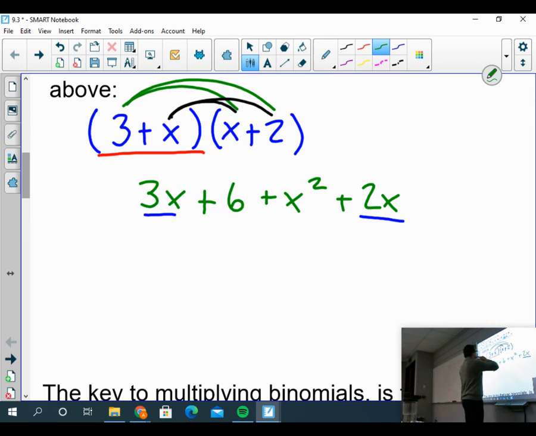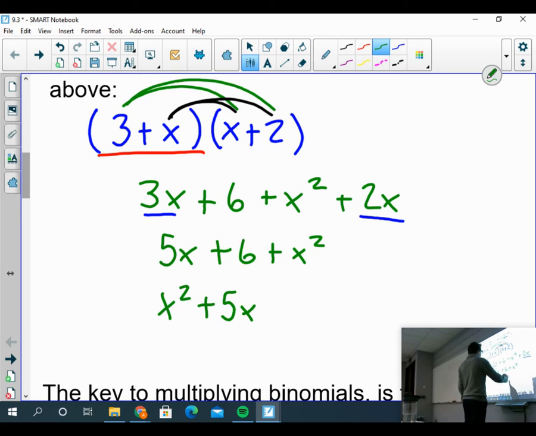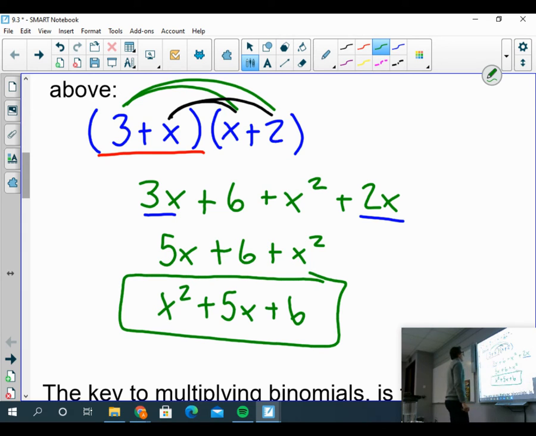I see the 2x and the 3x, both are positive, so I can rewrite this as 5x plus 6 plus x squared. And then, of course, I'm going to rewrite it in standard form where my largest power comes first. And then we go in decreasing order. And what I find out is that when I multiply the binomial 3 plus x times x plus 2, I get x squared plus 5x plus 6.